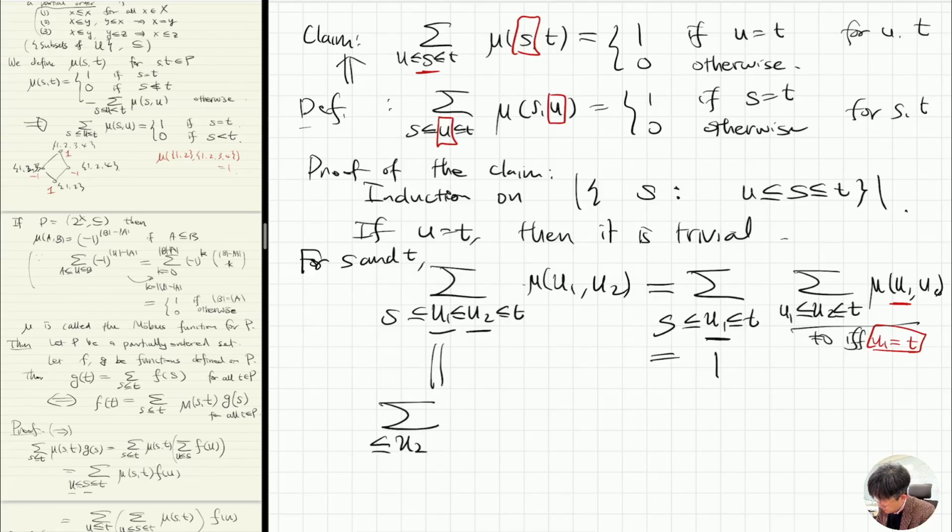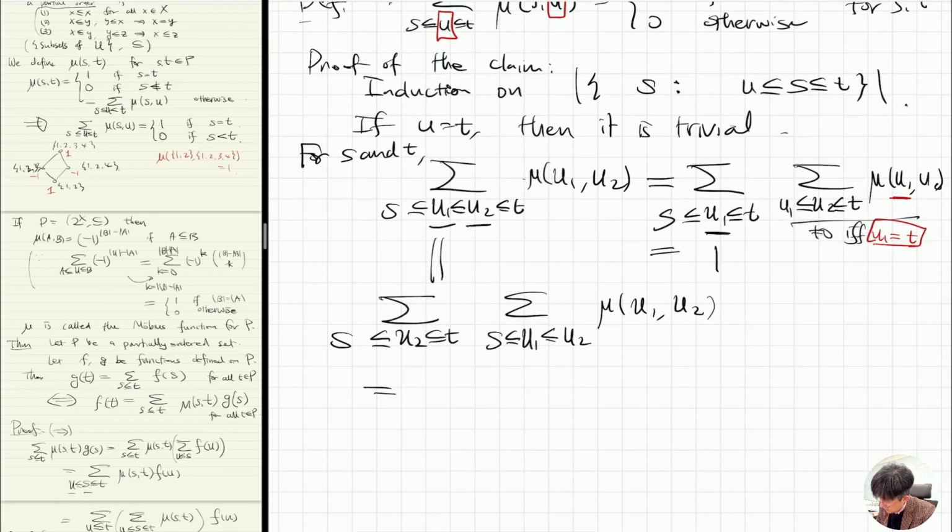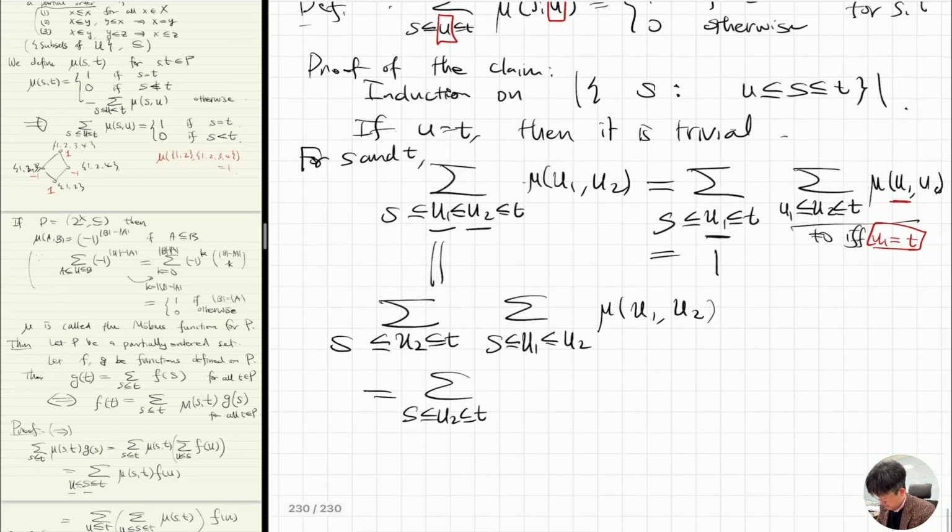If we sum over U2 and U1 is between U2 and S. Now, what we know is that if U2 is not T, and then if U2 is T, then, right?